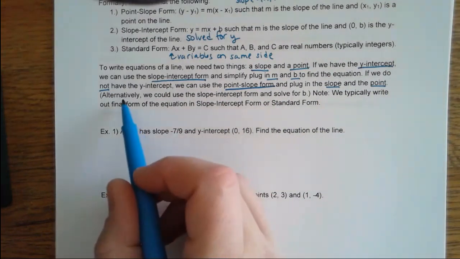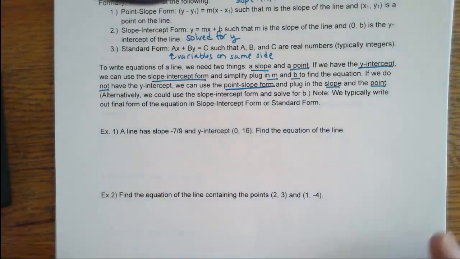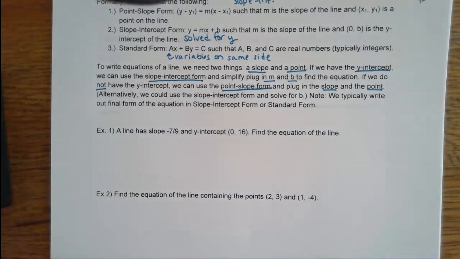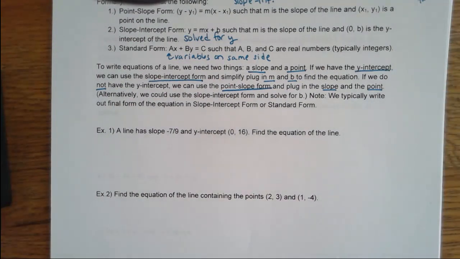Now, alternatively, you could use the slope-intercept form and solve for b. So if you have another strategy that you've already learned on how to write equations that you want to use in this class, that's perfectly fine with me. I'm going to use these two strategies, but again, there are always others. So if you've learned one already, you're welcome to use it, and that is fine.